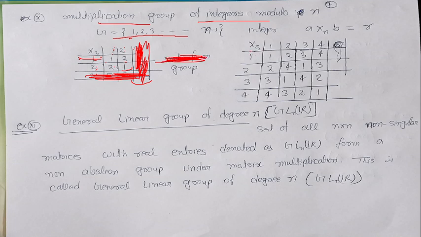And in multiplication modulo 5, here you can see 1 2 3 4, and the same operation: 1 into 1 is 1, 1 into 2 is 2, 1 into 3 is 3, 1 into 4 is 4.